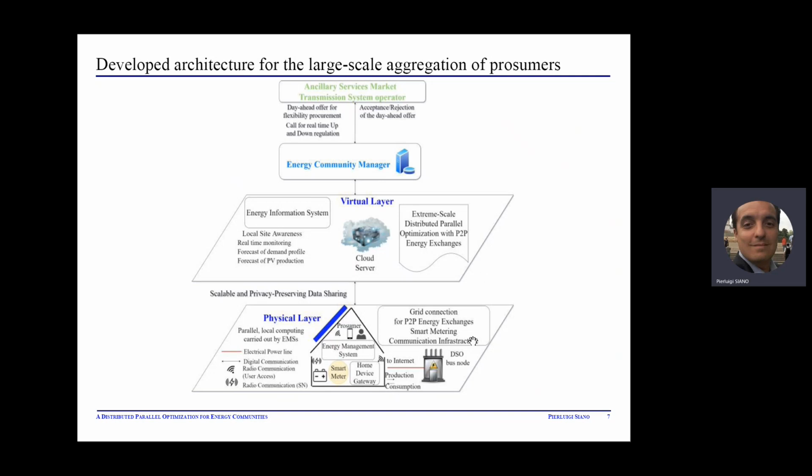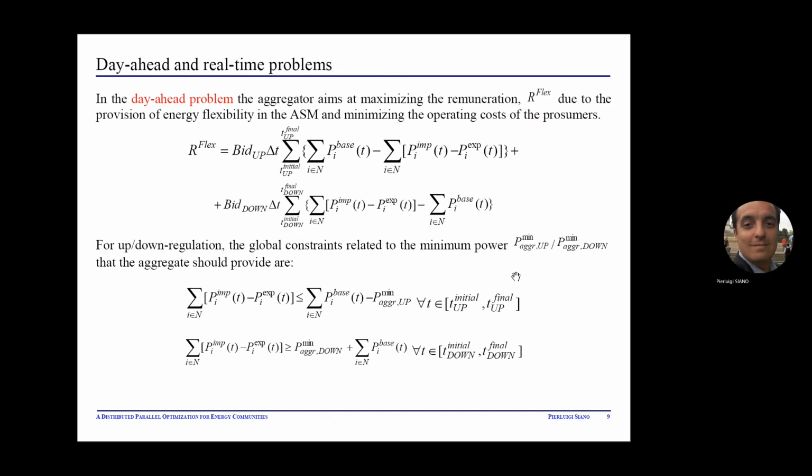The virtual layer is based on distributed ledger technology and on smart contracts to achieve both the real-time distributed parallel optimization while preserving the privacy of all prosumers. The considered approach is based on a pilot project that we are carrying out in Italy for the procurement of flexibility resources in the Italian ancillary services market.